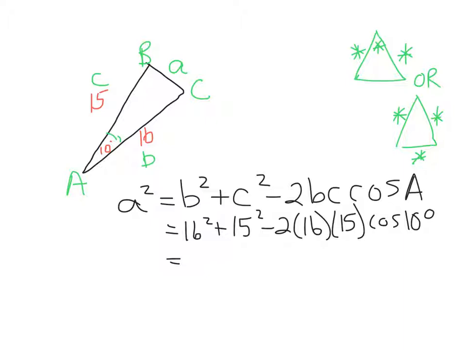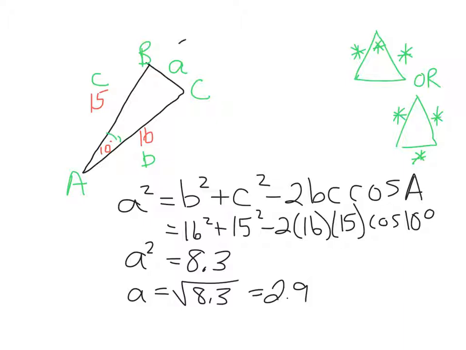So if I punch all of that into my calculator, I get A squared is equal to 8.3. And since I have A squared, I want to get A, so I need to square root 8.3, which is 2.9. So that's the length of my side, 2.9.